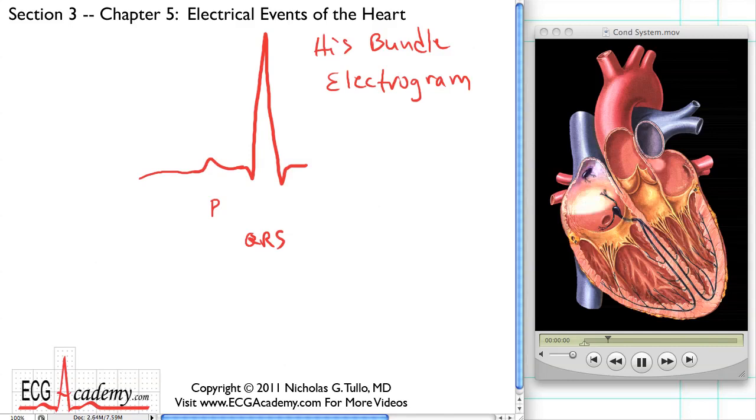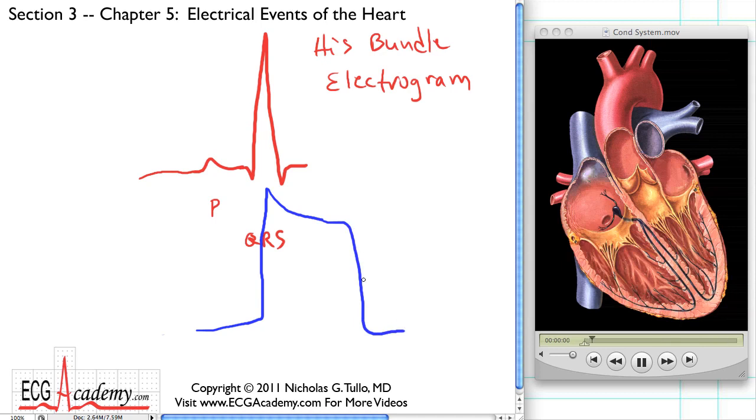If you remember the cardiac action potential, I know you don't want to think about it because it was kind of confusing, but the cardiac action potential, you have this sodium rushing into the cells, and that causes depolarization of the heart muscle cells. Remember, this in blue is just one single heart muscle cell, whereas the ECG here is the whole entire heart. But after a while, those cells repolarize.